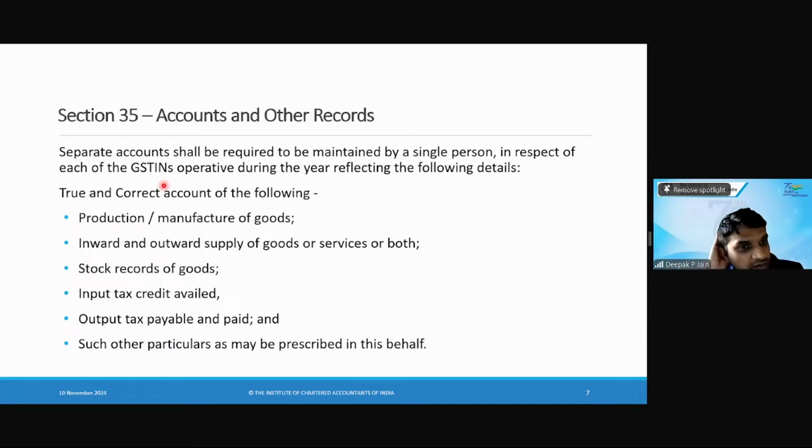Now they have to keep a true and correct account of the following.